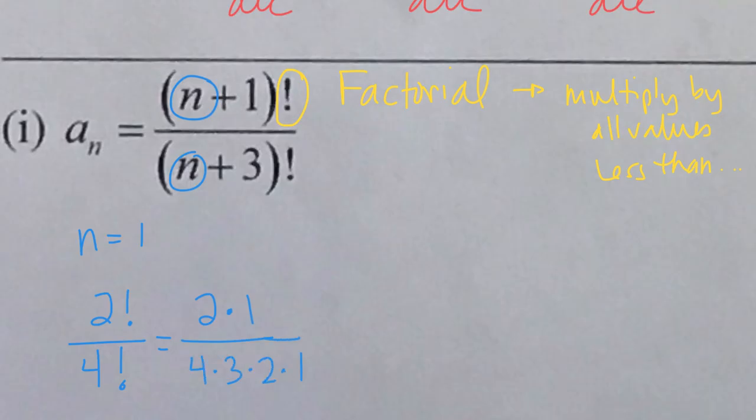You multiply all the numbers less than the factorial, the number in front. So let's see, what can we cancel out? Well, the 2 and the 2 divide nicely, the 1 and the 1 divide nicely, and our answer is 1/12. So our first term is 1/12.